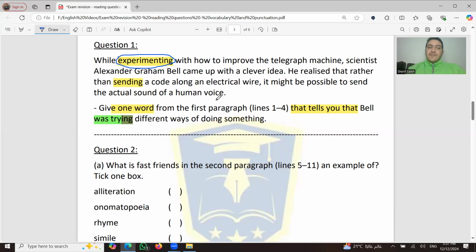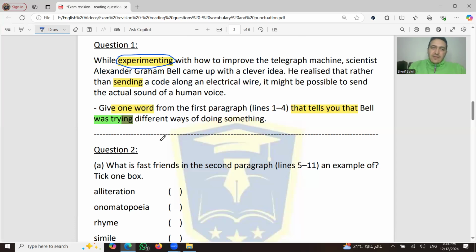Of course, if you already know the meaning of experimenting, and this is why vocabulary is very important to learn and to build up your vocabulary base, it's very important to know the meaning. If you already know the meaning of experimenting, you will simply choose it.